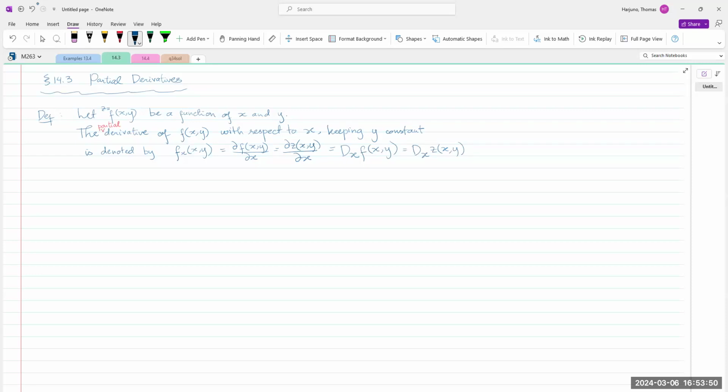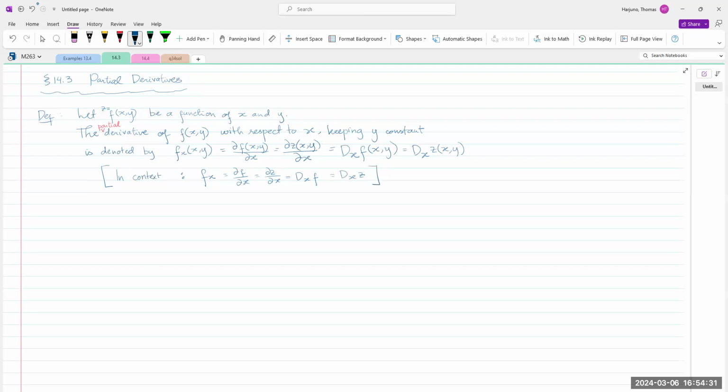Okay, now if the context is clear, then we may just write f sub x or dou f dou x or dou z dou x or D sub x of f, D sub x of z. If the context is clear, then we can use those notations.